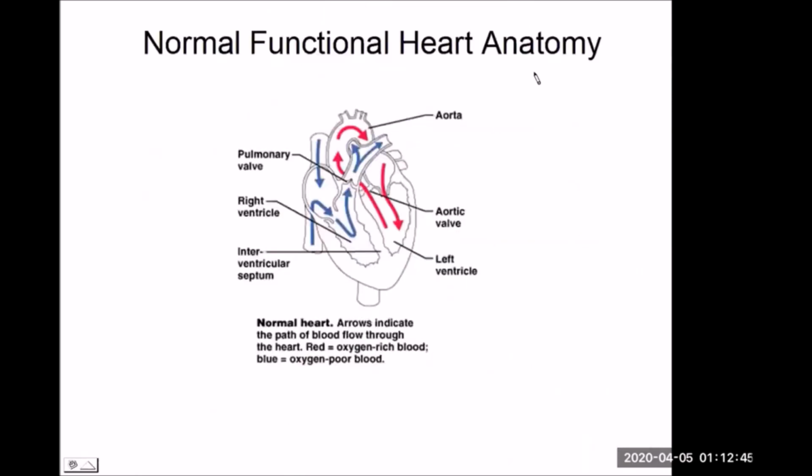So just take a moment to take a look here at the function of the heart, because we have the paired chambers, right and left atria, right and left ventricles. And the two sides are working simultaneously. The two atria contract, the two atrioventricular valves open and close in rhythm.